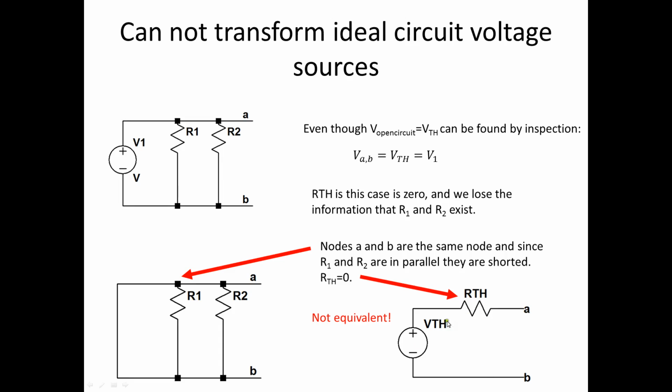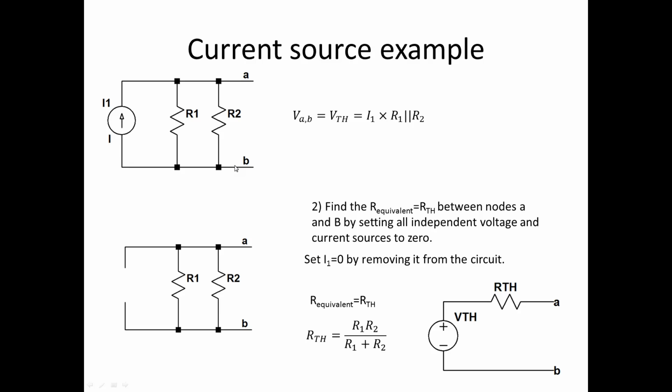But this circuit and this circuit are supposed to be equivalent, and something with 0 resistance here is certainly not something with R1 and R2 here. It just doesn't work. If your R Thevenin is 0, it's not an equivalent circuit. You've lost the information that R1 and R2 are there.